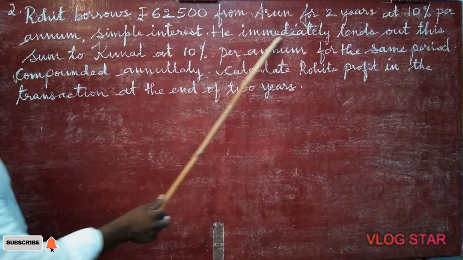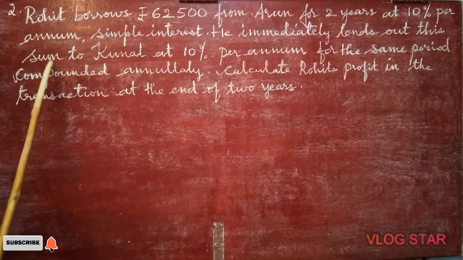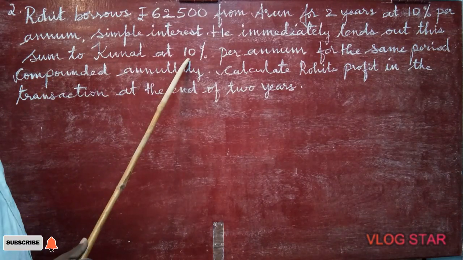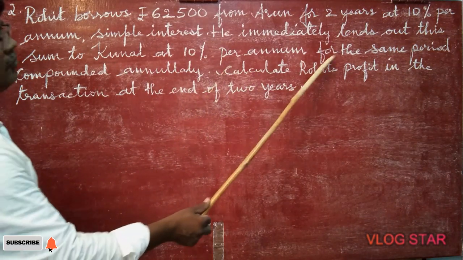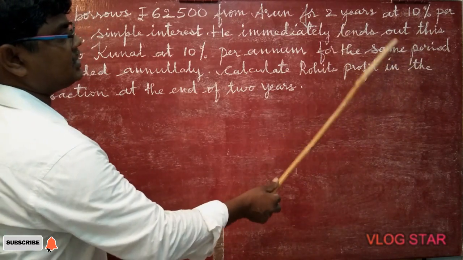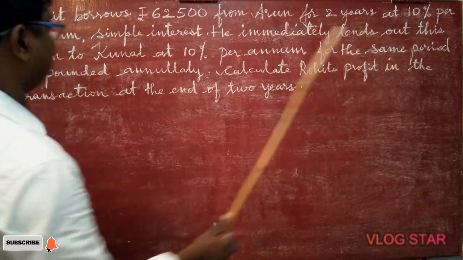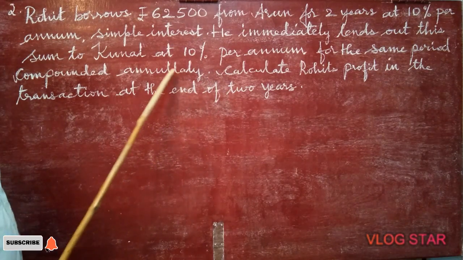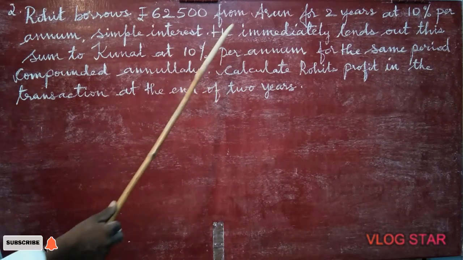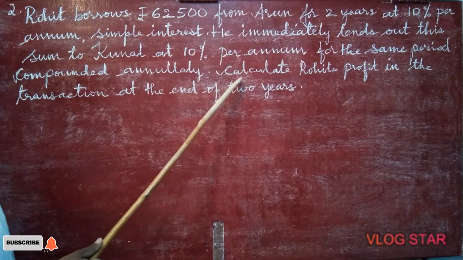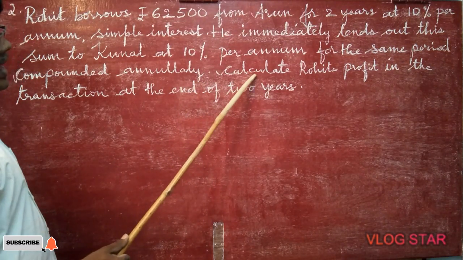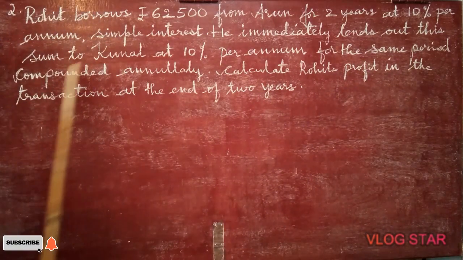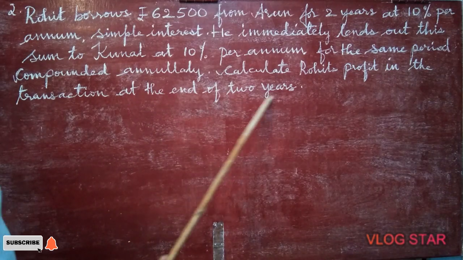Rohit immediately lends out this sum to Kunal, his friend, at 10% per annum for the same period, 2 years, again compounded annually. Here he is giving for compound interest. Here simple interest, here compound interest. Calculate Rohit's profit in the transaction at the end of these 2 years.